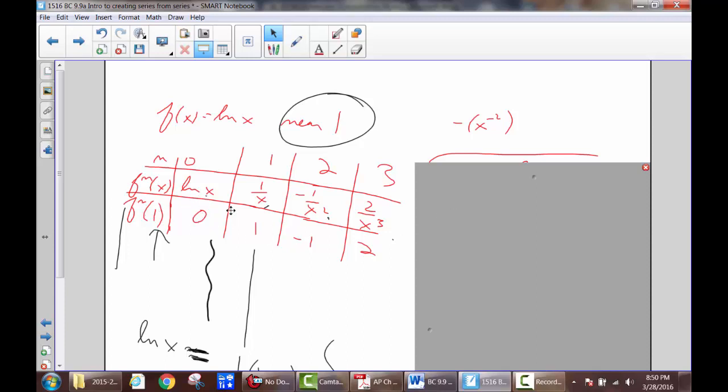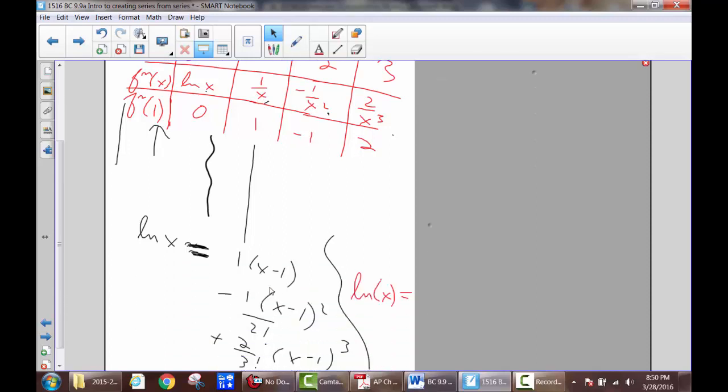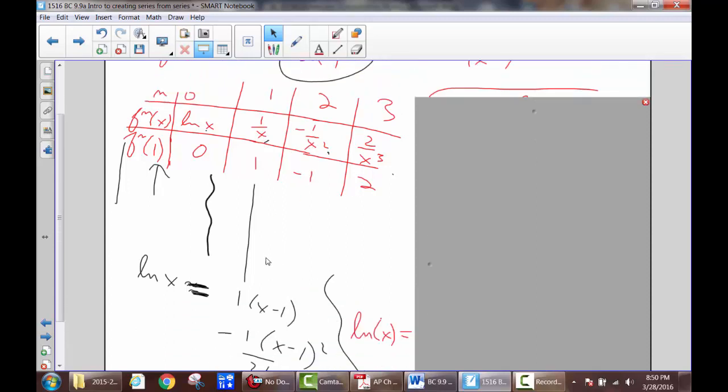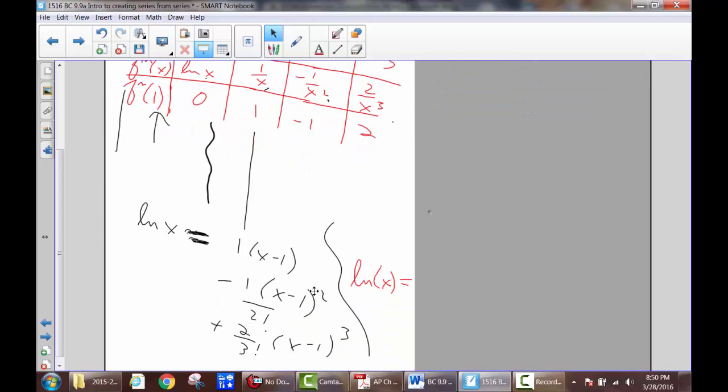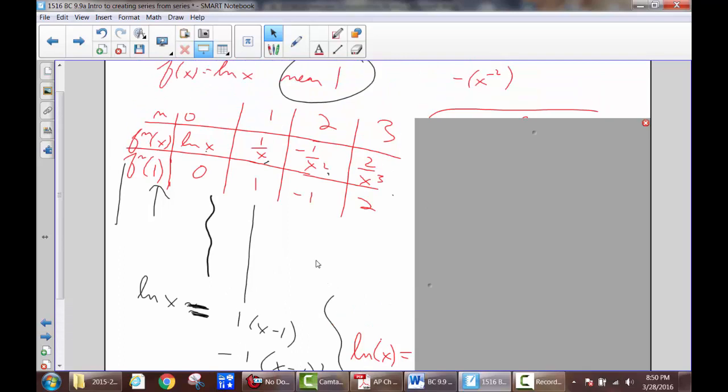So ln of 1 is 0, 1 over 1, negative 1 over 1 squared, etc. And don't forget that this is the numerators of your coefficients. Don't forget it is near 1, so it'll all be x minus 1 to the 0, x minus 1 to the 1, x minus 1 to the 2, etc., etc. And then, 0 factorial, 1 factorial, 2 factorial, 3 factorial. So that's one way of getting the series.